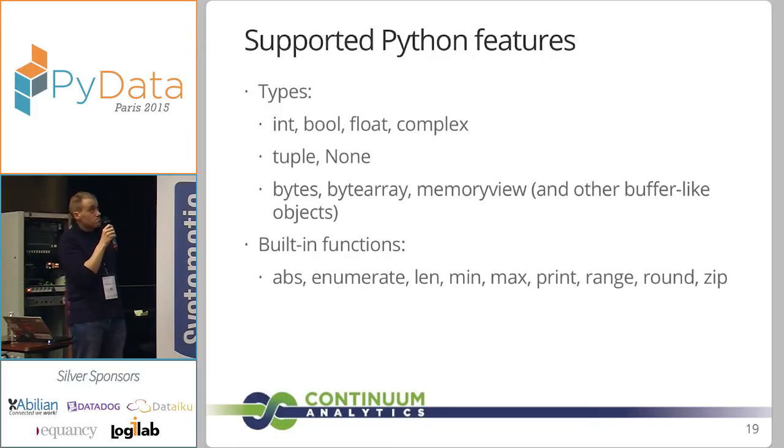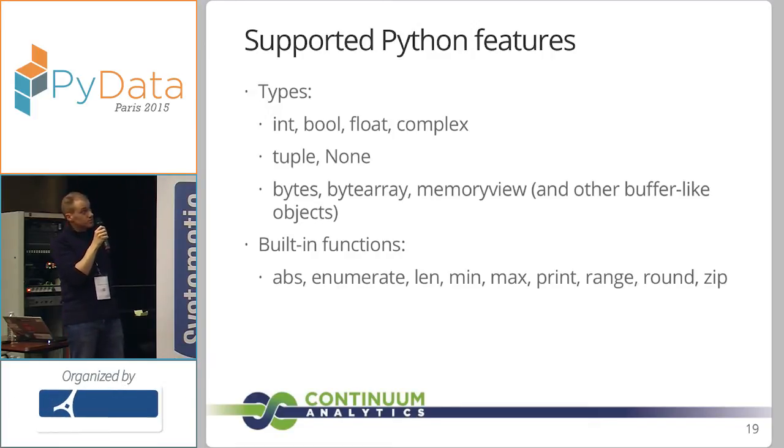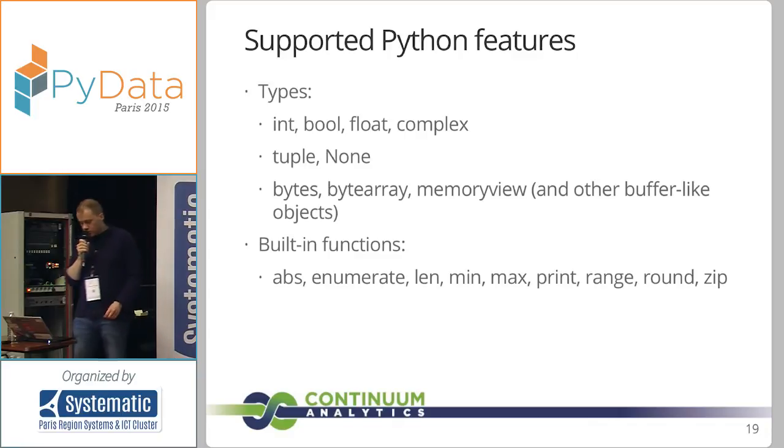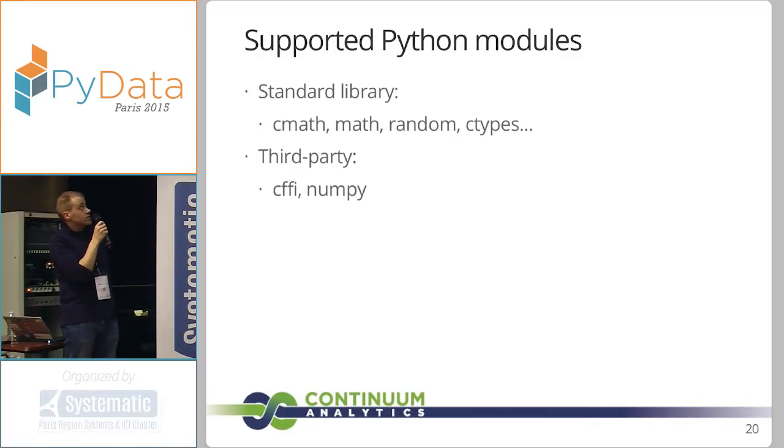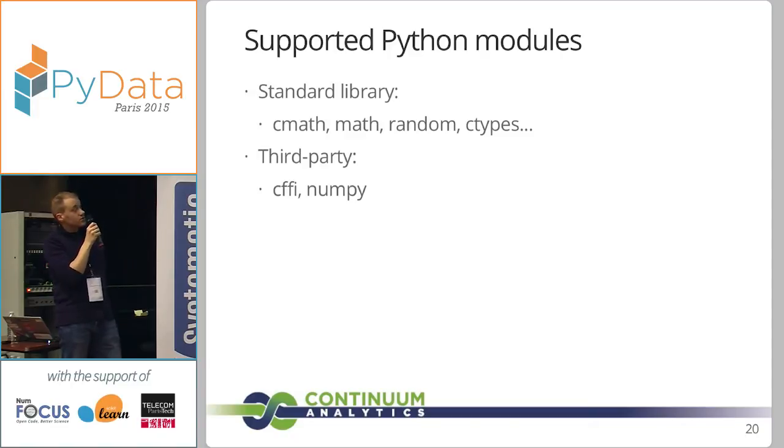We support a small range of built-in functions. So there's abs, enumerate, and so on. So that's pretty much it for the built-in support. Oh yes, the modules. So in the standard library, we support, as I said, cmath, math, random. We support ctypes and CFFI.